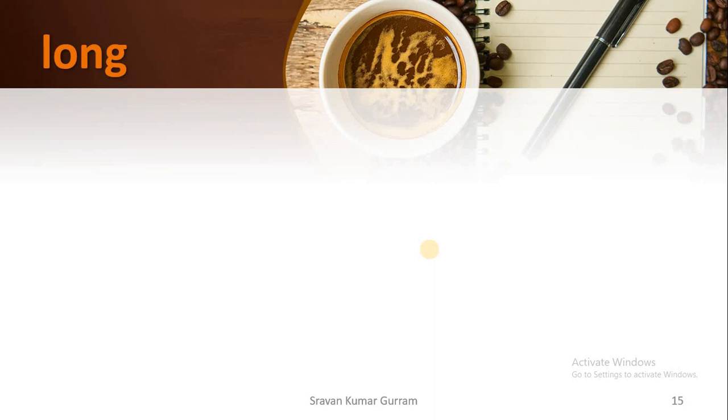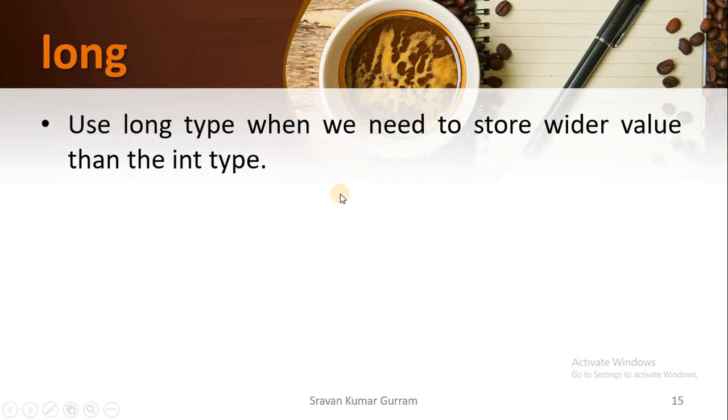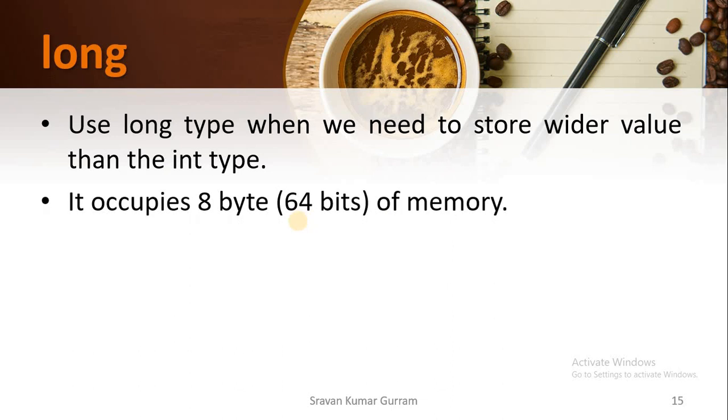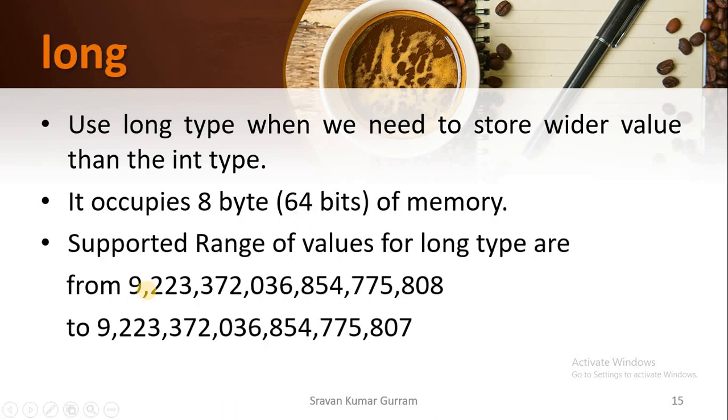Next data type is long. Use the long type when we need to store a wider value than the int type. It occupies 8 bytes of memory in the computer. So you can observe how much wider values we can store with the help of the long data type.